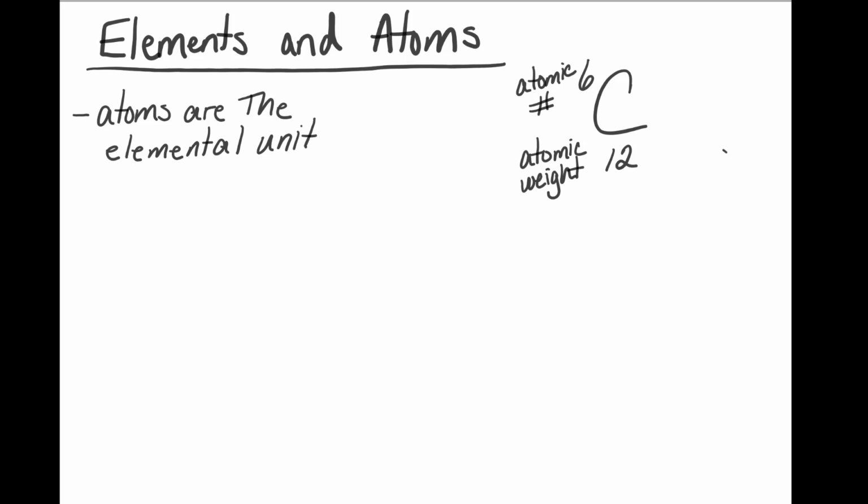We can use these values, this information given in the periodic table, to understand more about the elements that make up these atoms. Now, when we're talking about atoms, and that's really what we're going to focus on as we introduce chemistry in this unit, these atoms are made up of 3 main subatomic particles.